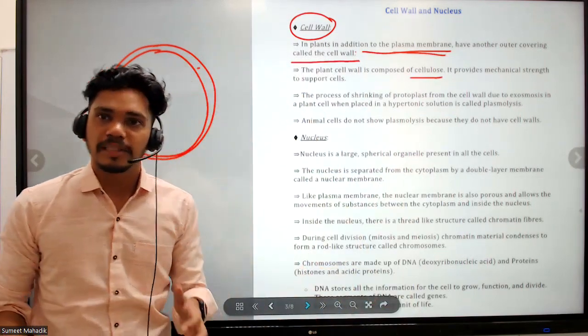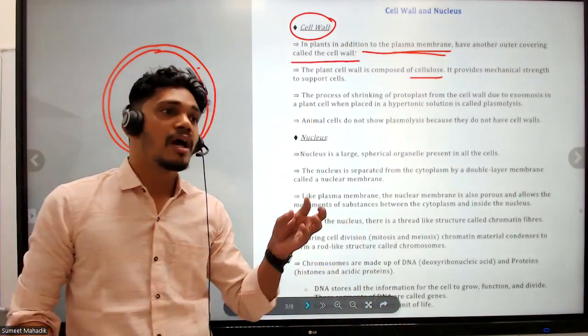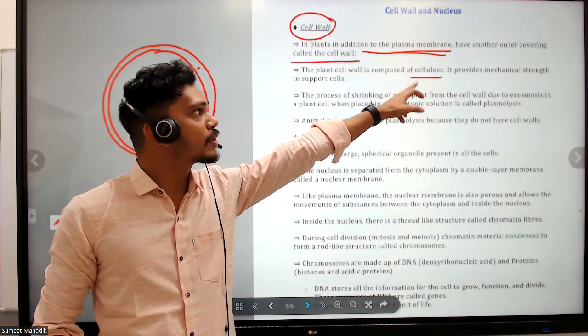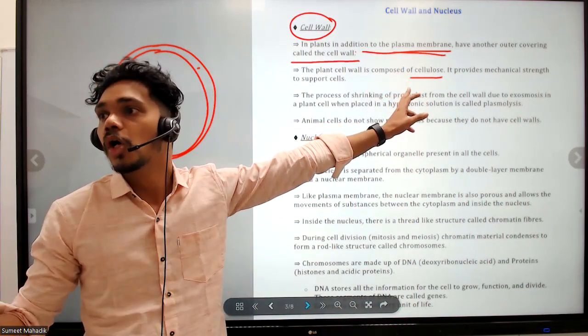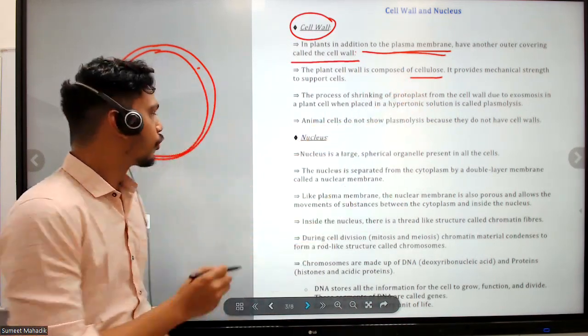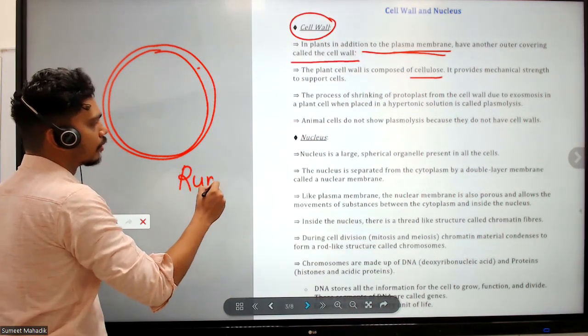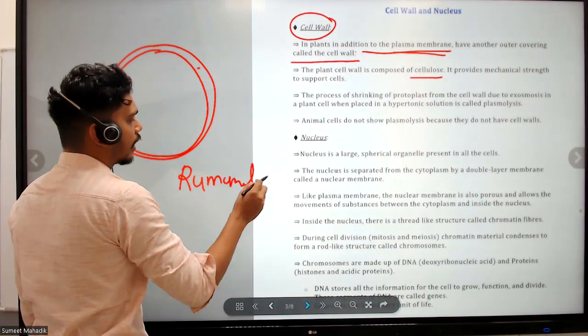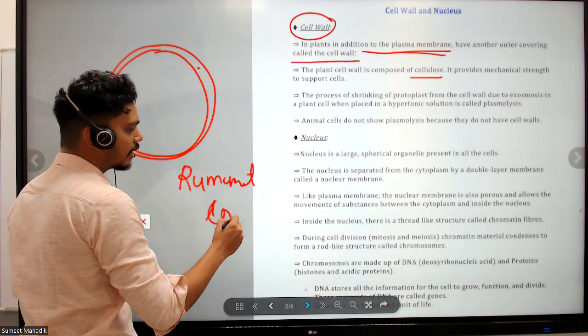Can we eat cellulose? Can we digest cellulose? Definitely not. In humans, the enzymes required for digestion of cellulose are not there. But in the case of ruminants, what is an example of ruminants? Which animal? Cow, we can say.